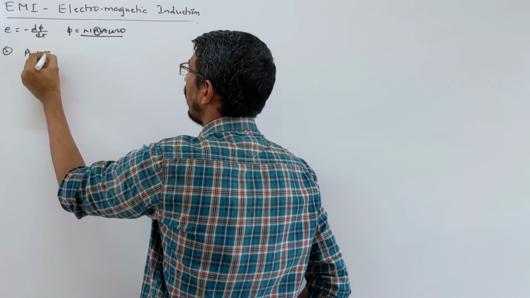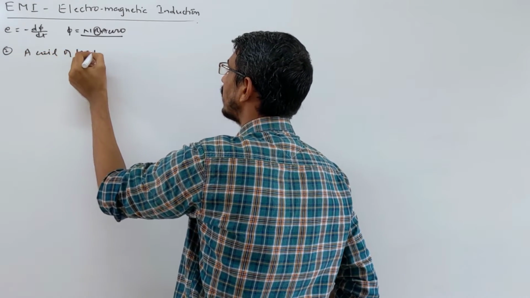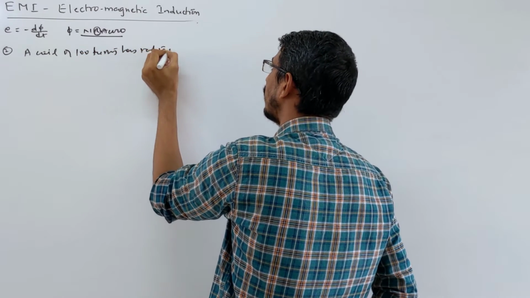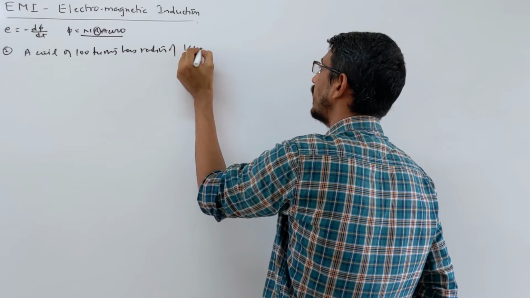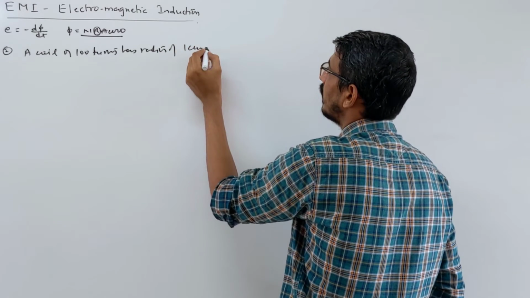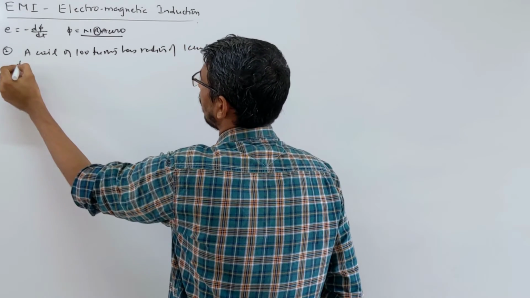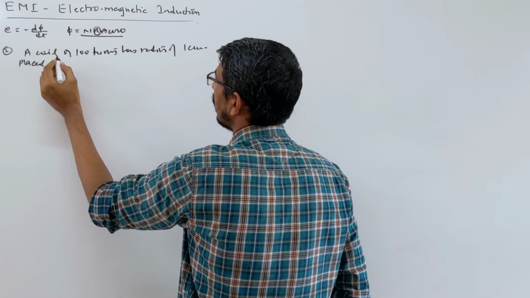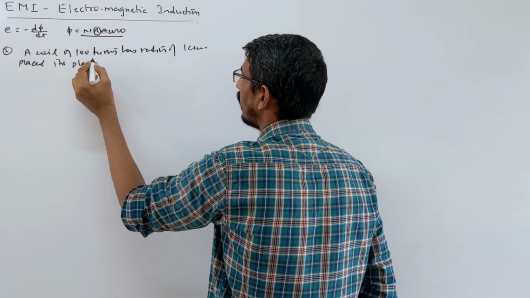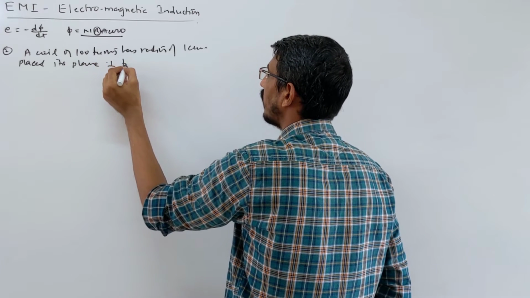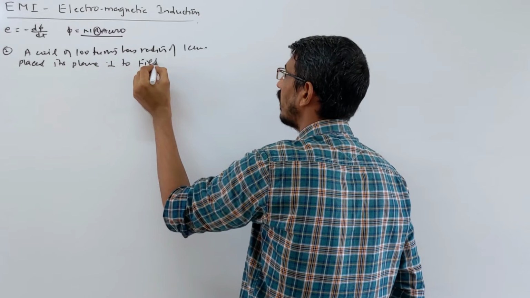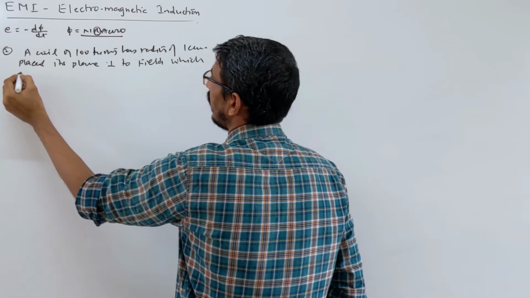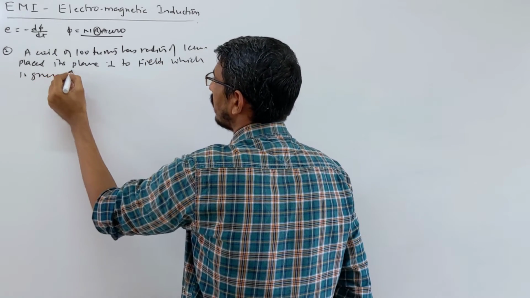Suppose there is a coil of 100 turns with a radius of 1 centimeter, placed with its plane perpendicular to a field which is given by some equation.